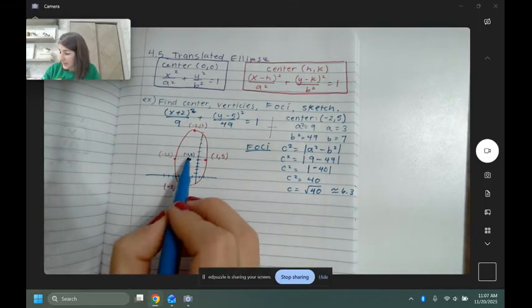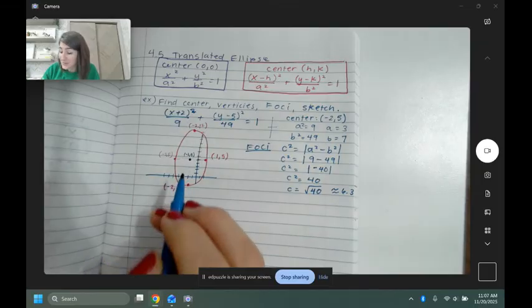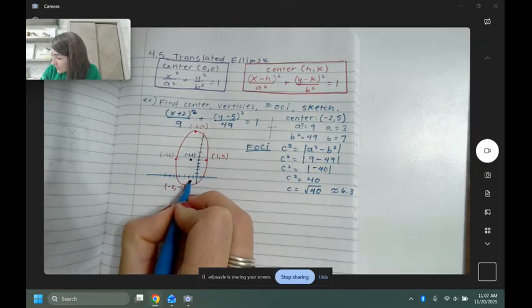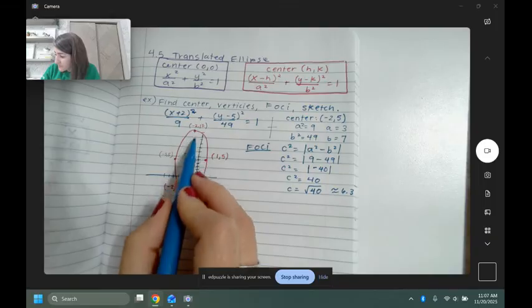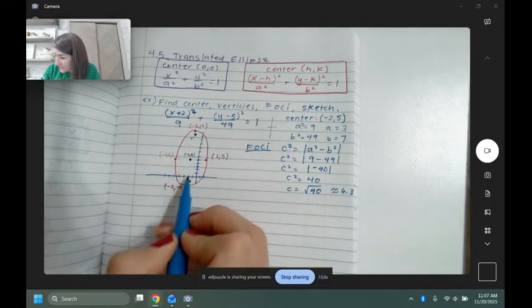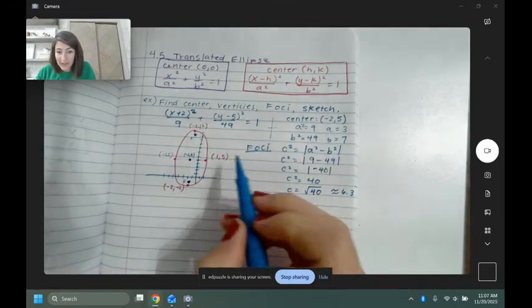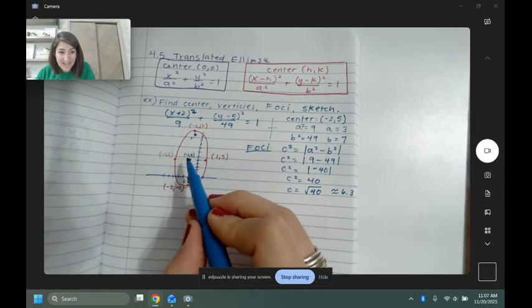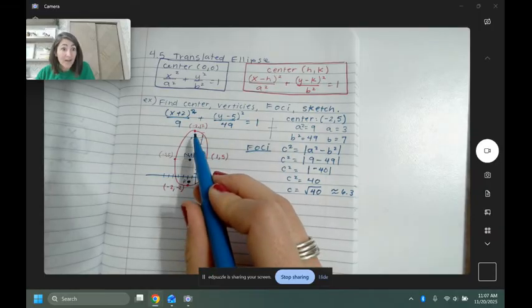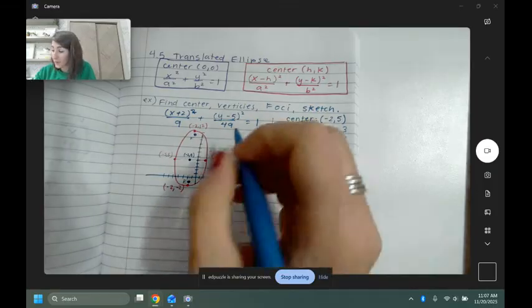I'm just going to count, right? So 6.3 is 0.7 shy of the vertex there. So your focus is going to be right there, and then up here 0.7 shy of that one. But how I write these, right? I went from my center up plus the square root of 40.